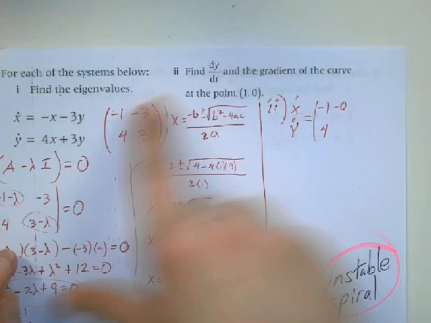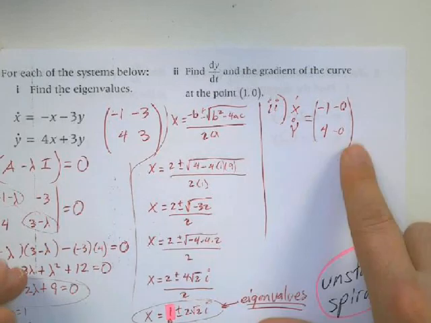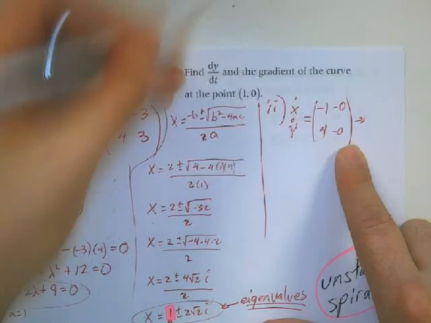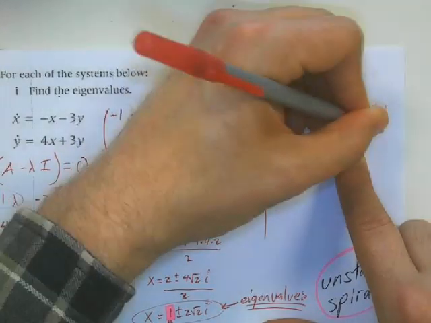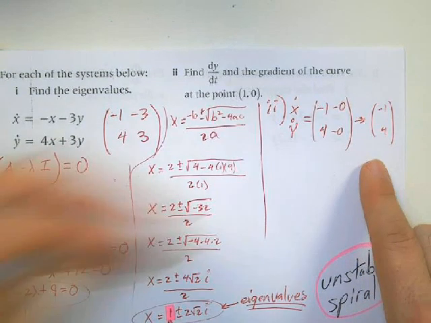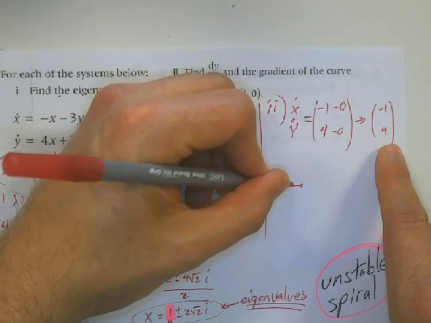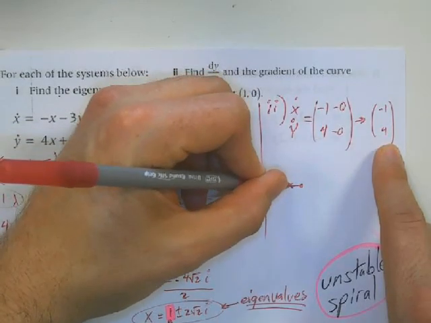Replace y with 0, so minus 0. So my direction vector is -1, 4. So in the x direction, I'm going to the left 1, and in the y direction, I'm going up 4.